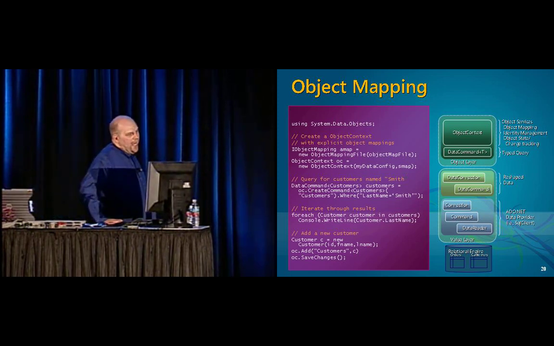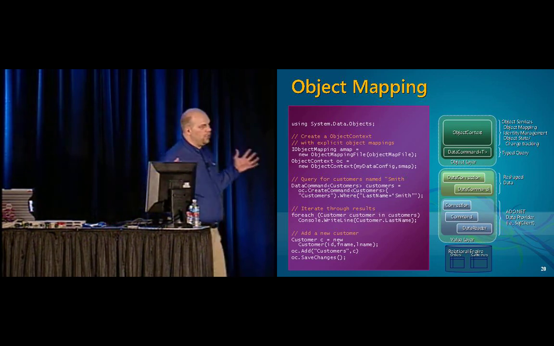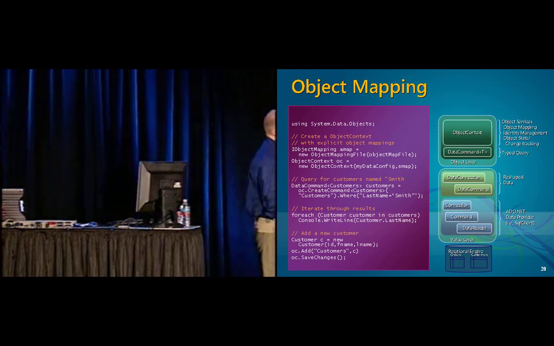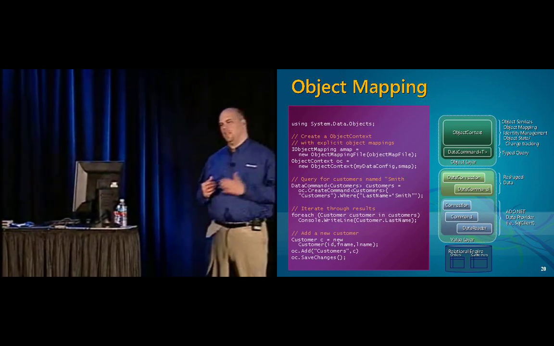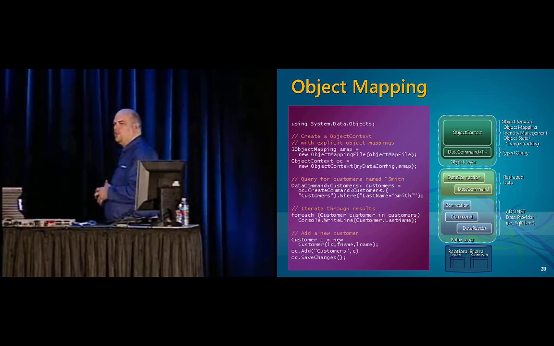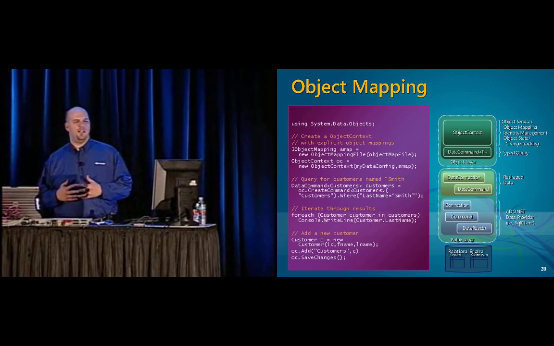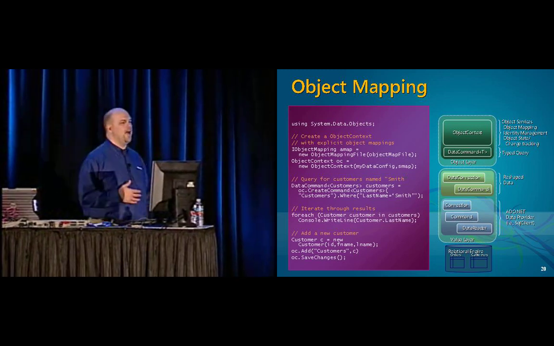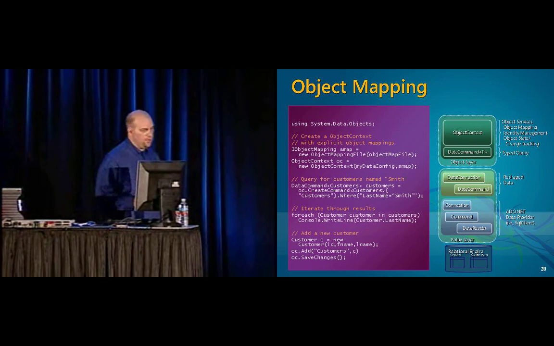You'll notice that I hand it an object map file, and that is to say that our architecture supports the notion of being able to take that conceptual entity space and actually map that to objects in a slightly different way. This is an area of the architecture that we've received some very strong feedback from, but probably from a minority of the customers that we've talked to.